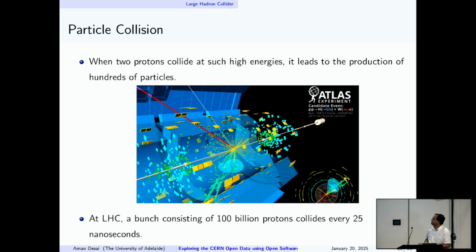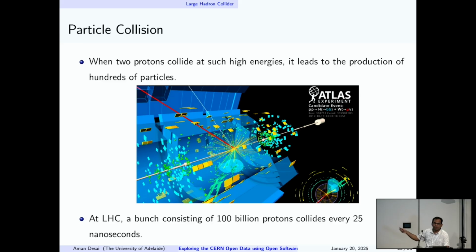When these 2 protons collide, this leads to this kind of picture, which is what the detector records. At the LHC, every 25 nanoseconds, we collide 100 billion protons. That's the rate at which we do it.